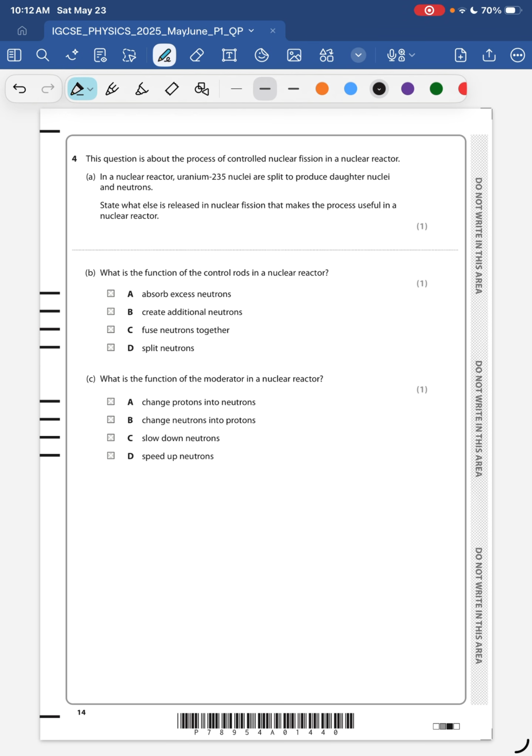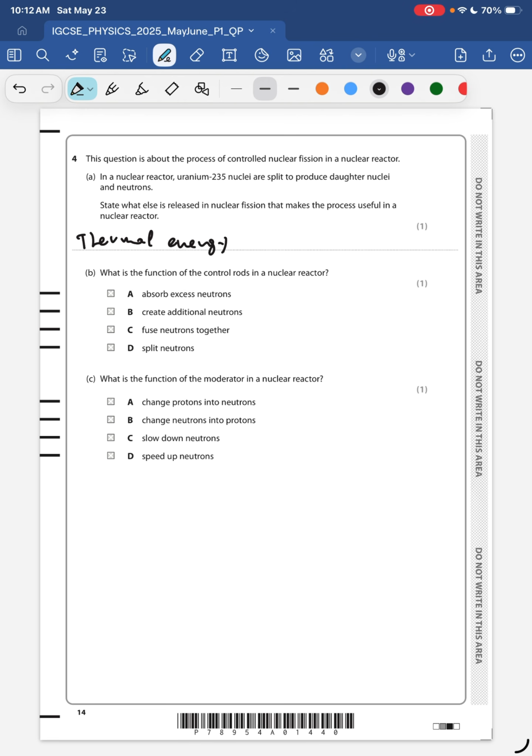State what else is released in nuclear fission that makes the process useful in a nuclear reactor. So thermal energy pretty much, which is what makes this process energetically useful, right? I think that's enough.